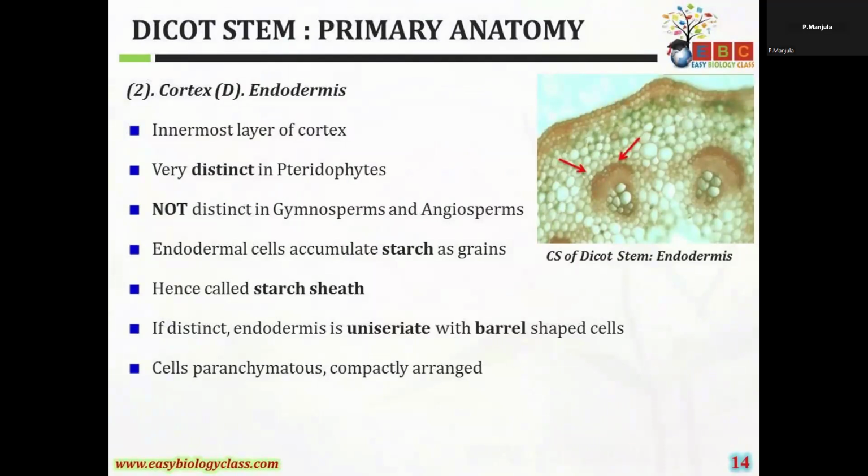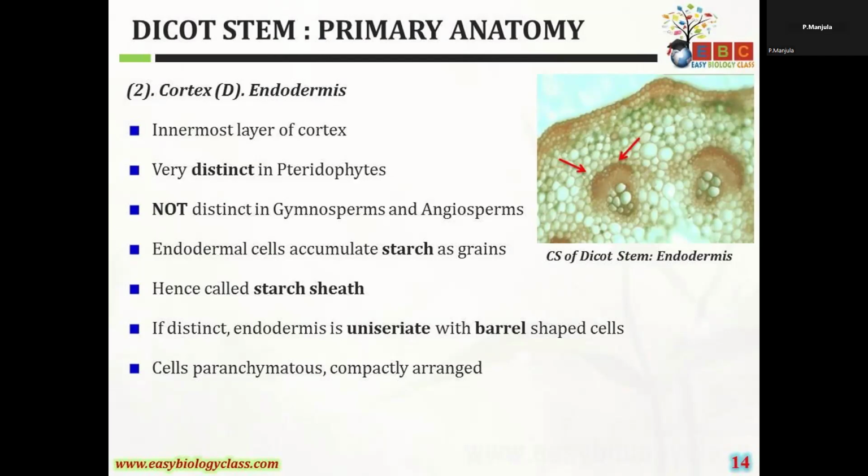Next, first the hypodermis, which is followed by the outer cortex. The outer cortex is followed by the inner cortex, and the inner cortex is followed by a single-layered endodermis. The innermost layer of the cortex is called the endodermis. It is very distinct in pteridophytes, but not distinct in gymnosperms and angiosperms.